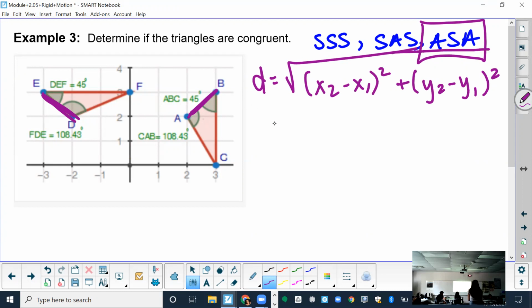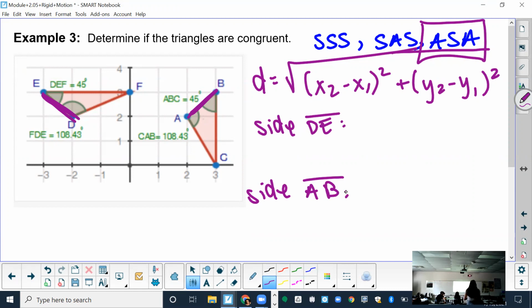And then if you prove that those are congruent, then you can stop there because the other 2 sides are unrelated. So we'll do the side DE with the distance formula and side AB with the distance formula. All right, try that on your paper for about a minute. Hopefully it's getting faster for you.